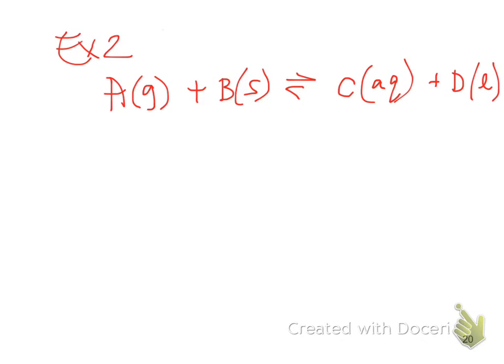One of each. So I'm going to give you a series of stresses, and I want you to talk with your partner about which direction it's going to shift and why. I'm also going to drop this little thing called the delta H. I'm going to say it's positive 5 kilojoules. Okay, ready? Here are the stresses.